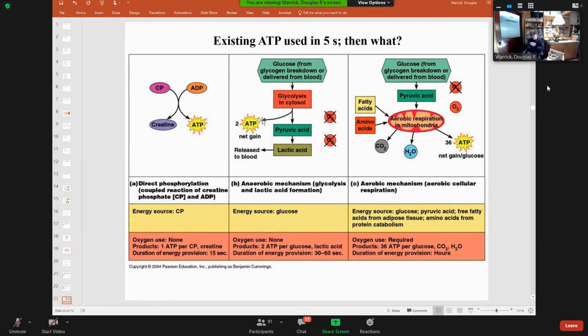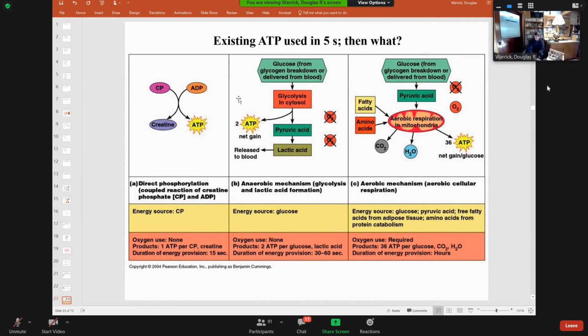Well, in those weird situations where your muscles have really spooled down, not doing a lot of anything metabolically, and then are suddenly called into extreme activity, there might be a gap in your ability to produce ATP by either of these methods. And what are the muscles to do at that point?